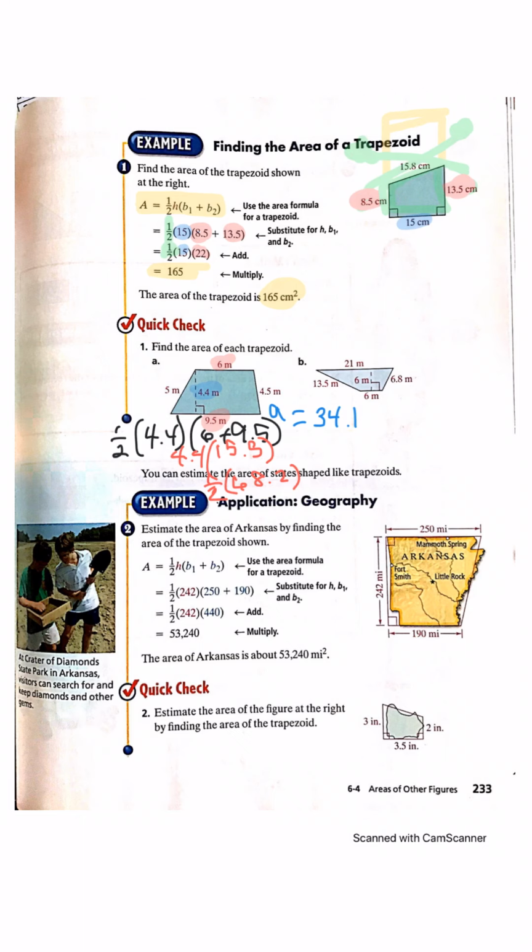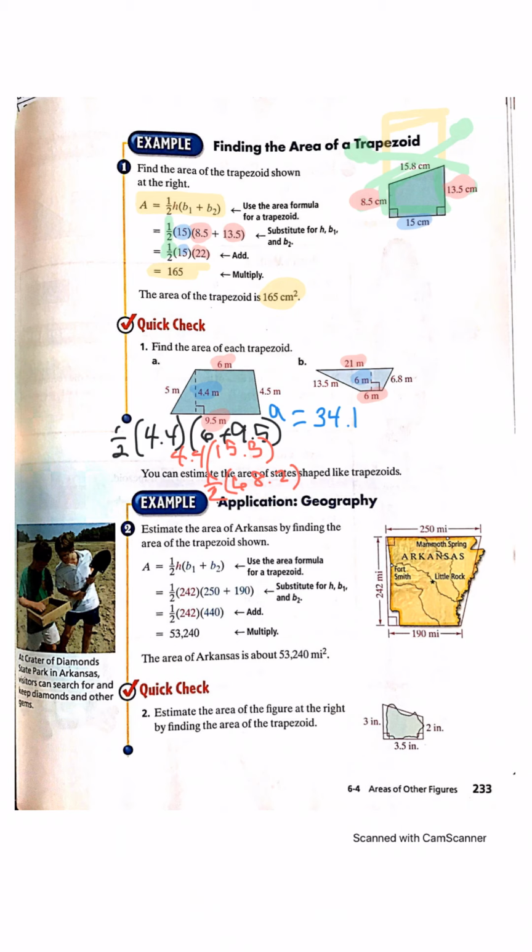Okay, this next one, we have 21. Ooh, that was the wrong one. Highlight, please. 21 and 6. Base 1, base 2. We are going to add those together and then multiply by the height, which is going to be 6, and then multiply that by 1/2.